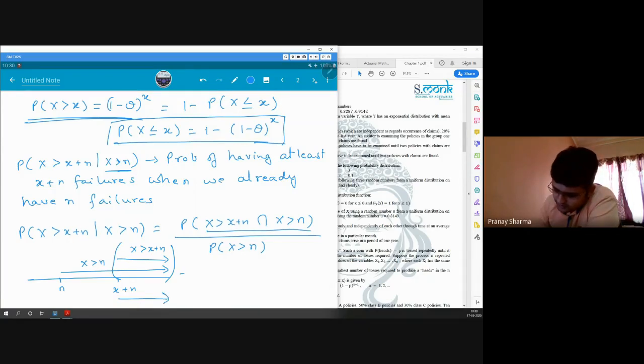So this is nothing but probability X greater than x plus n by probability X greater than n. You can see it logically as well. Whatever is greater than x plus n is also greater than n. So everything that is greater than x plus n must be common between those two values.